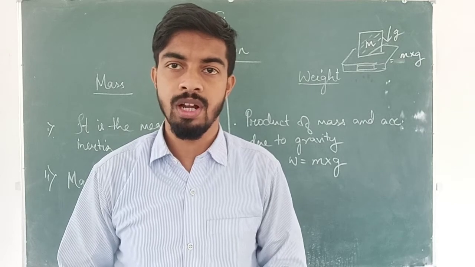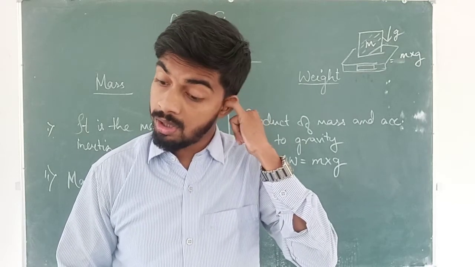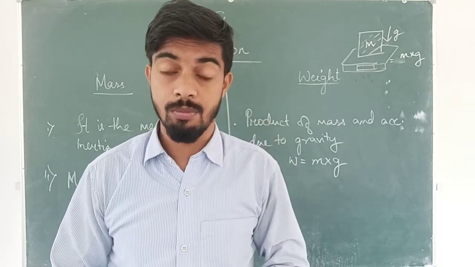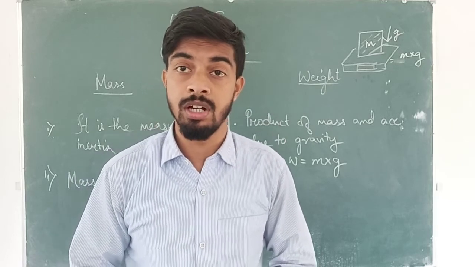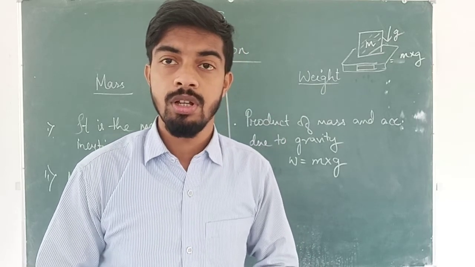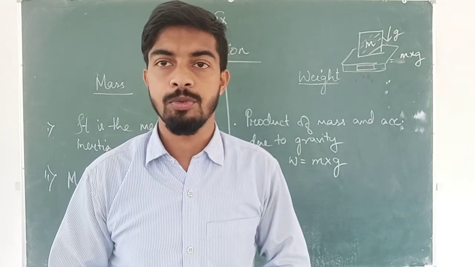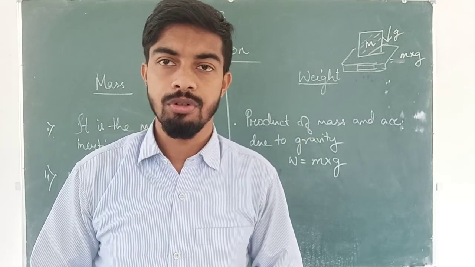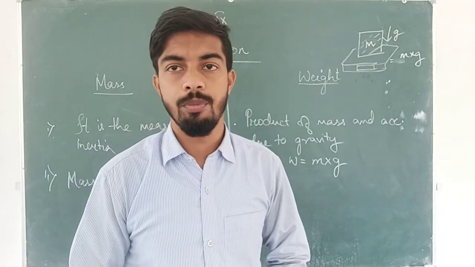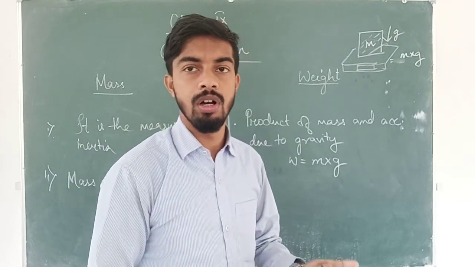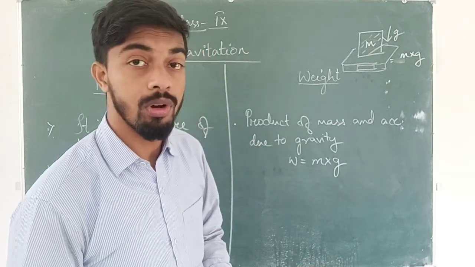If we are talking about our moon and the earth, the value of small g will be different on the moon and on the earth, so the weight of the object will also change on our earth or on our moon.